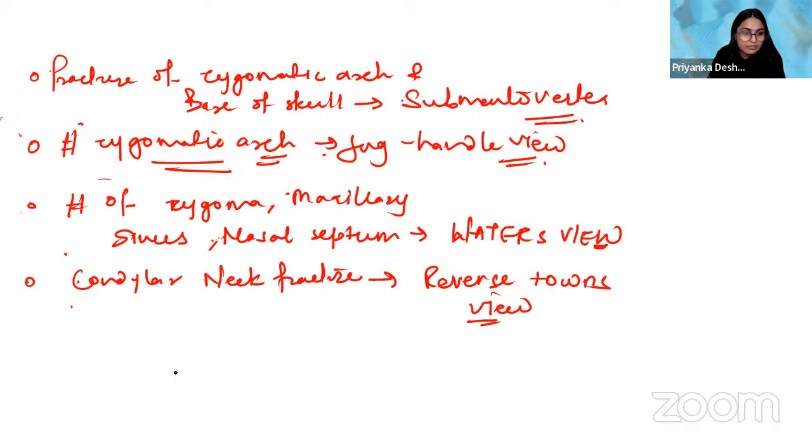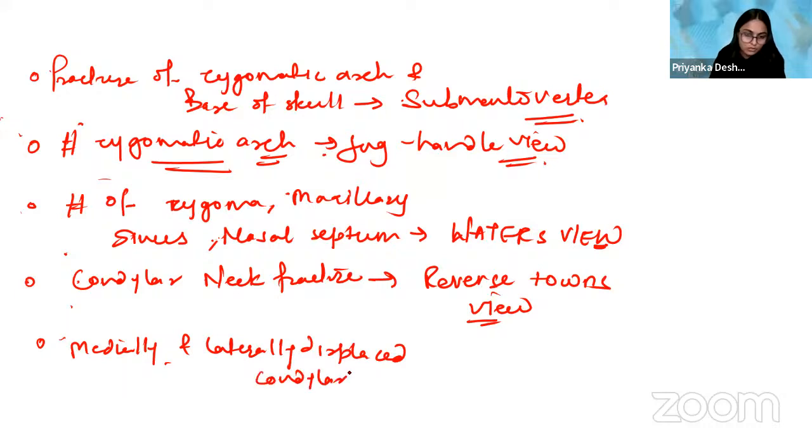Okay, then we have condylar fracture. Okay, condylar fracture, and whether it is medially displaced or laterally displaced, that you will be able to say using the transorbital view. Medially or laterally displaced condylar fracture.